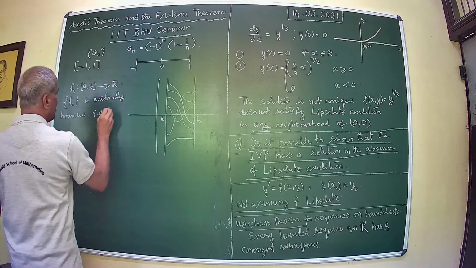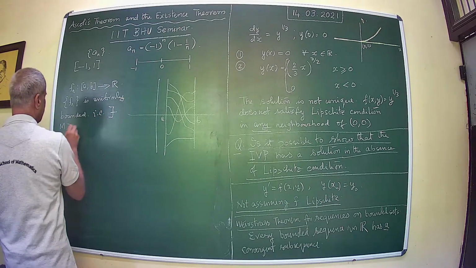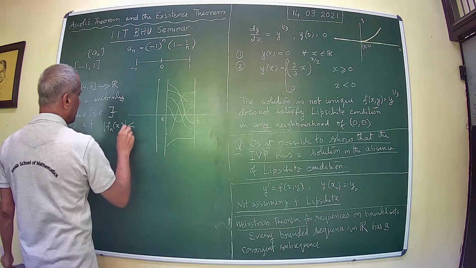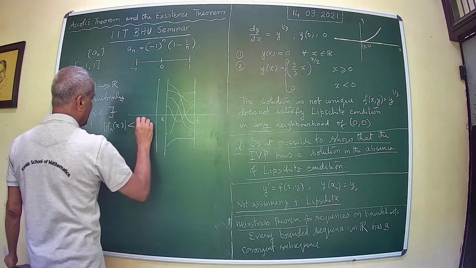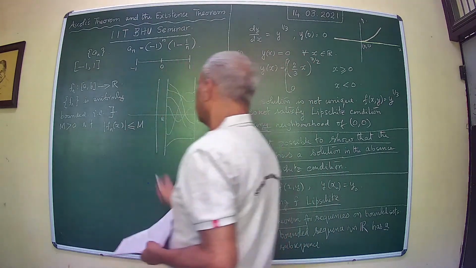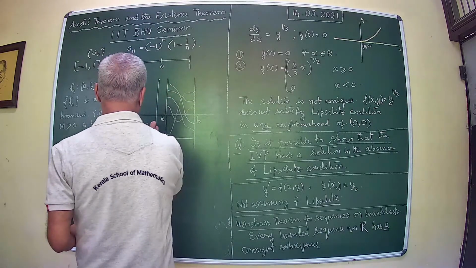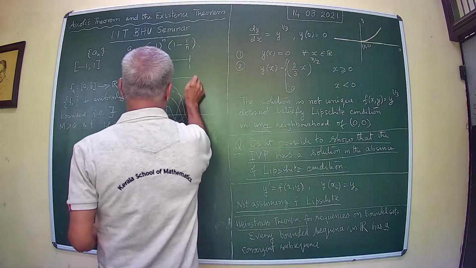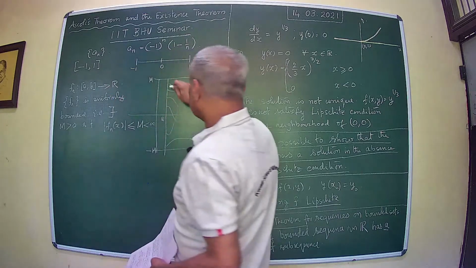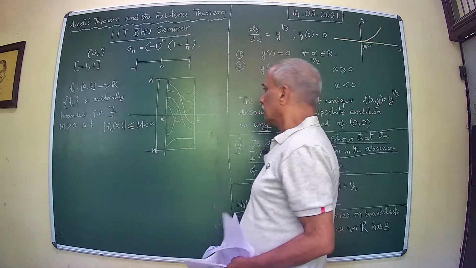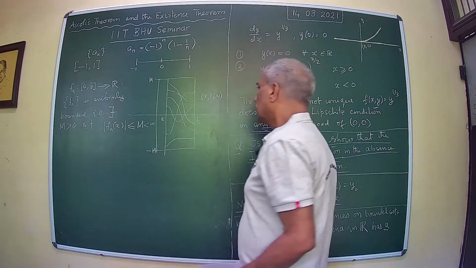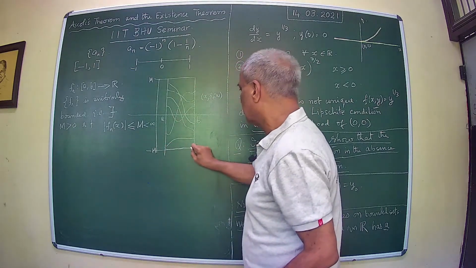That is, there exists M positive such that mod f_n is less than M. So you see that the graphs of the functions given by x, f_n(x) lie in this particular diagram.